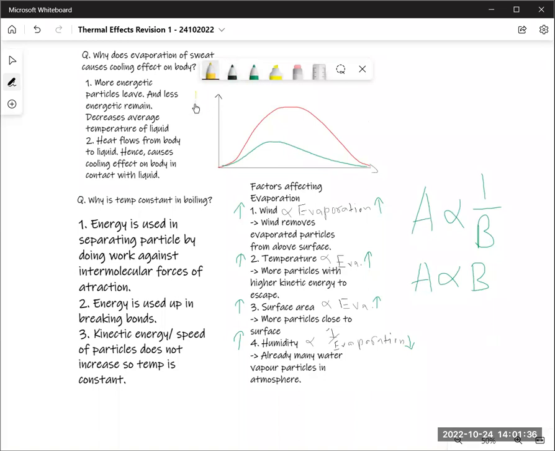This scale right here is energy, and this scale is number of particles. All right, guys, any doubts? Anything quick? No, sir.